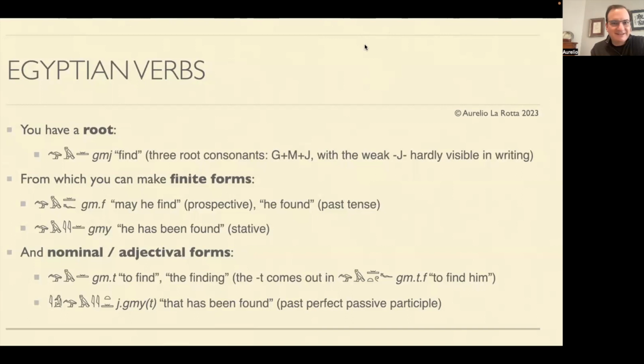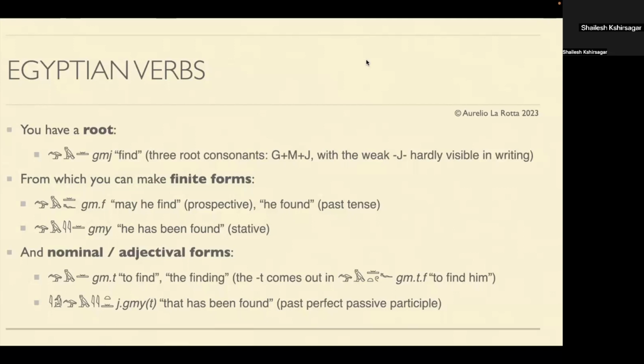Doesn't seem like it. One question, Shailesh here. Yes, hi Shailesh. How are you today? Hi. Fine, thank you. In the nominal and adjective forms, the second last sentence, you have written gimet, that is to find, and you have mentioned that T comes out, and you have written it in hieroglyphs, and then you have written gimtef, to find him.